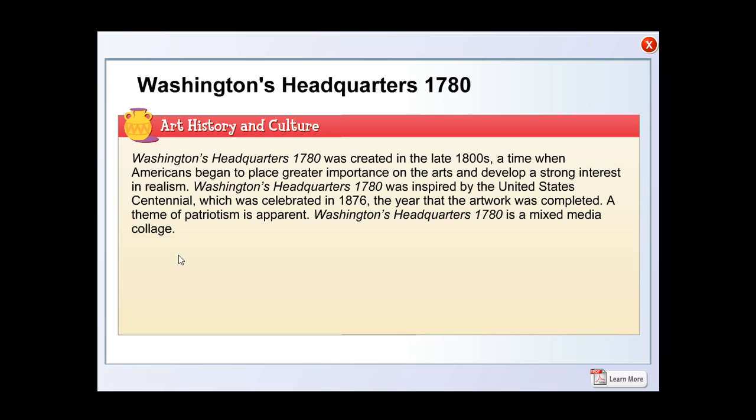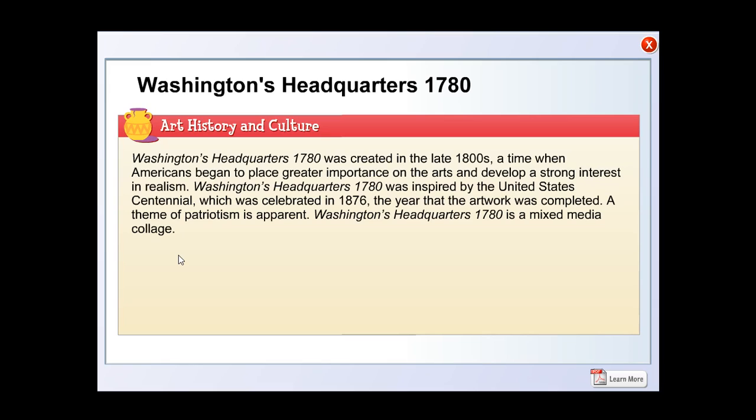Washington's Headquarters, 1780, was inspired by the United States Centennial, which was celebrated in 1876, the year that artwork was completed, okay? The theme was patriotism.